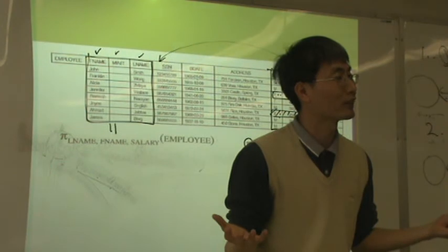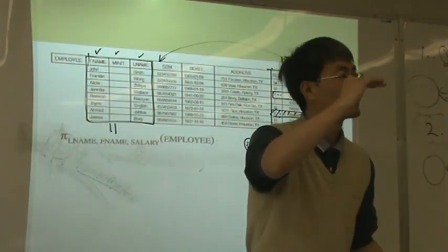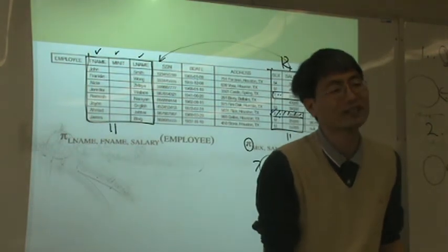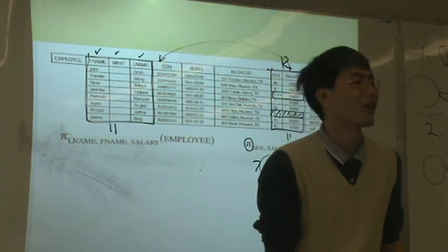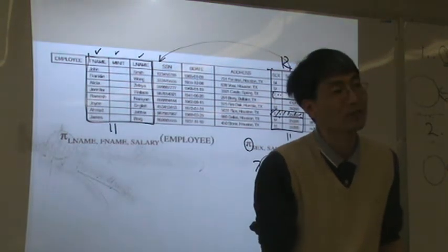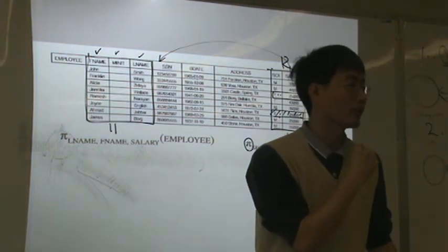How can you check duplication? You need to sort 10 millions of data. It takes a long time, which is not allowed in an online transaction processing system, OLTP system. So very fast response time is critical.